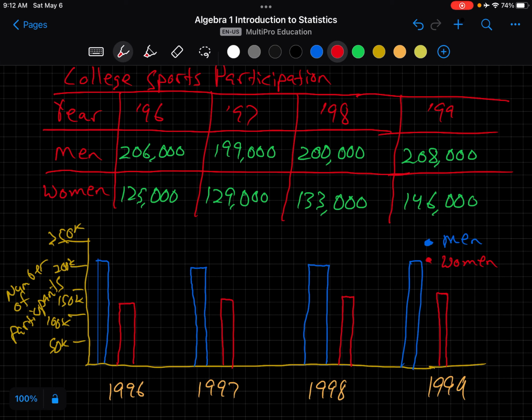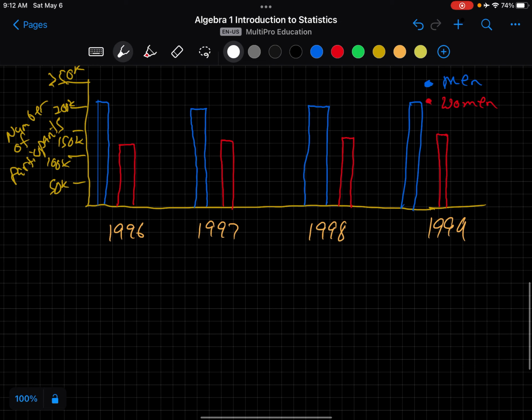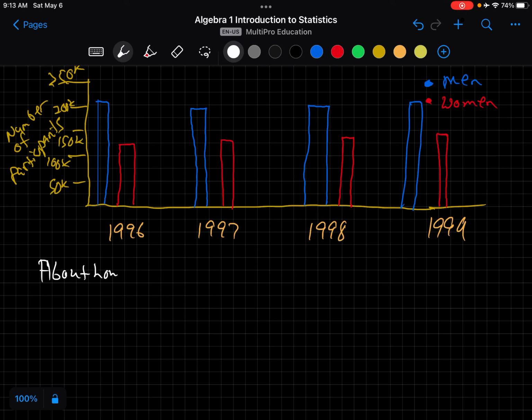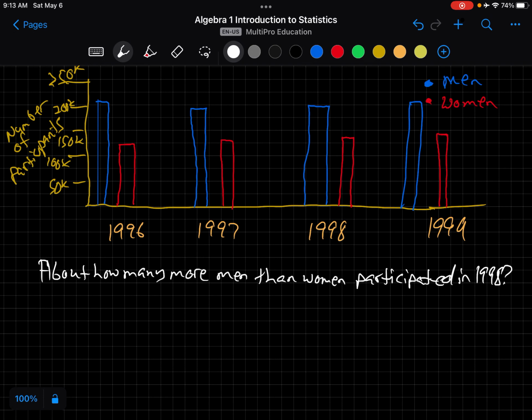So, what do we want to do here? We want to know about how many more men than women participated in 1998.